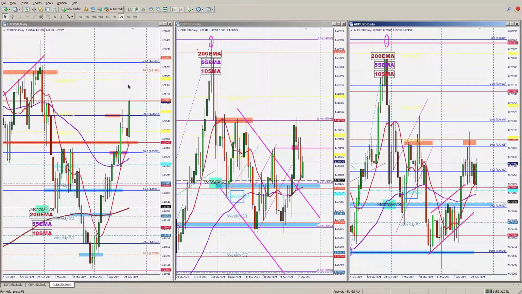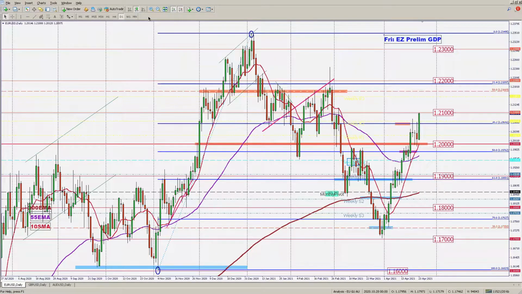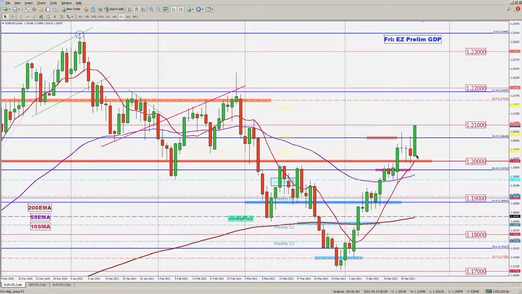Let's begin with the Euro, where you can see that on Friday it broke through resistance and is sitting nicely at the 121.00 level.